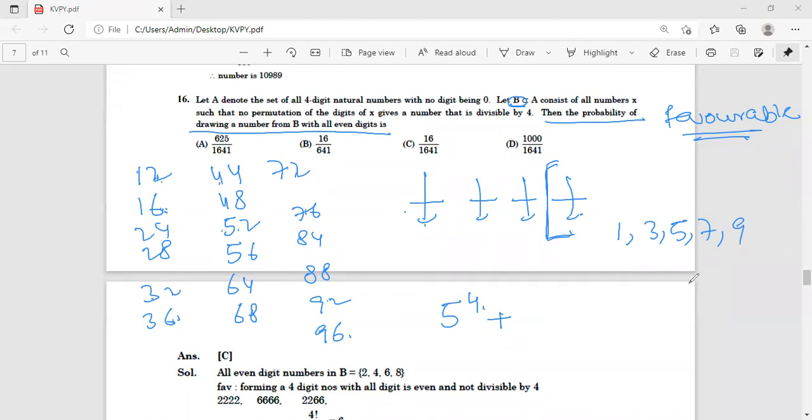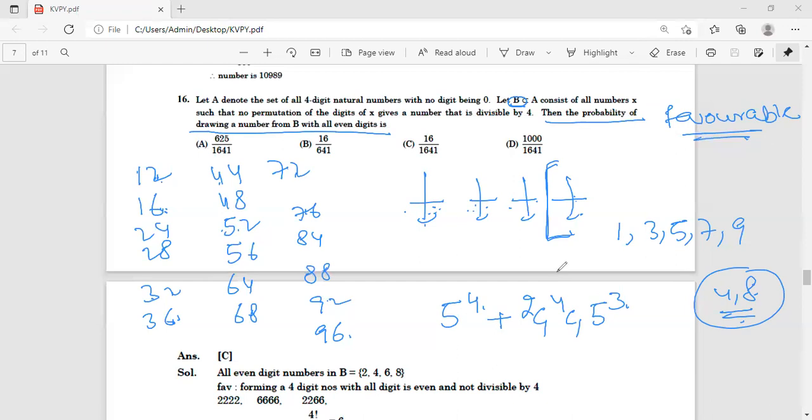So you can have the one even digit as 4 or 8. So select one of them. Select a place where the even number will come, that is 4C1. And rest of the places can come with the odd number, 5 cube.